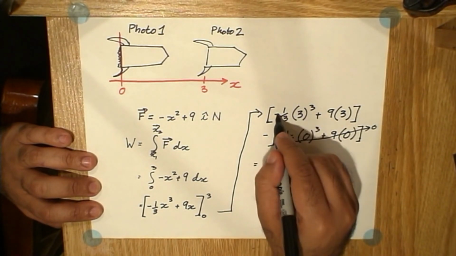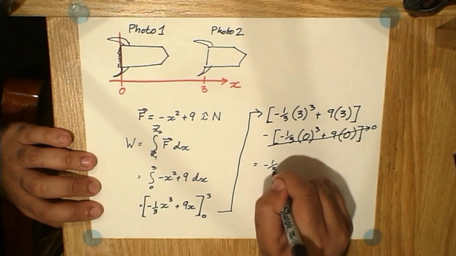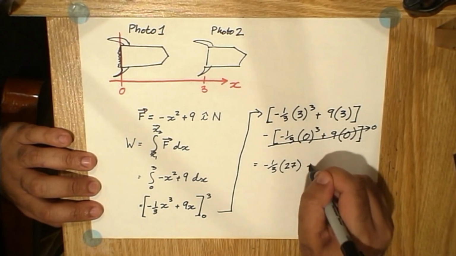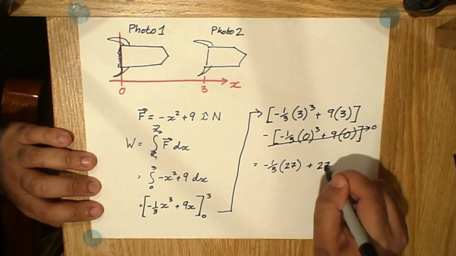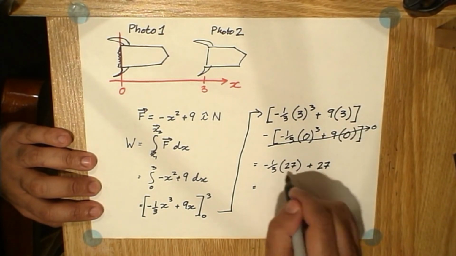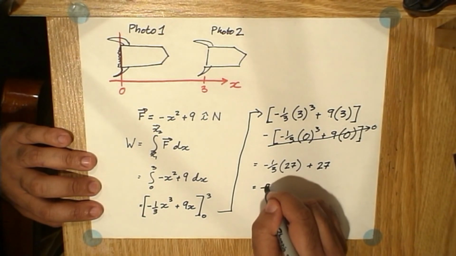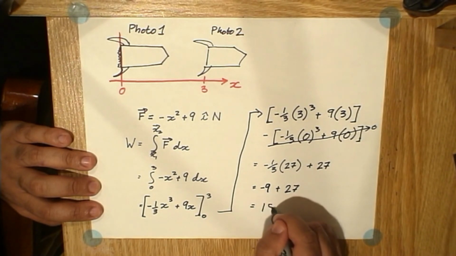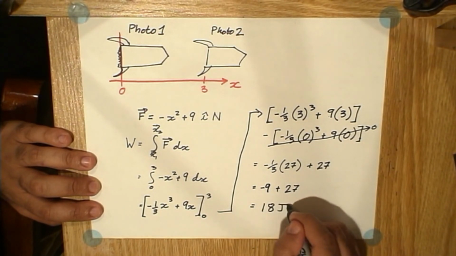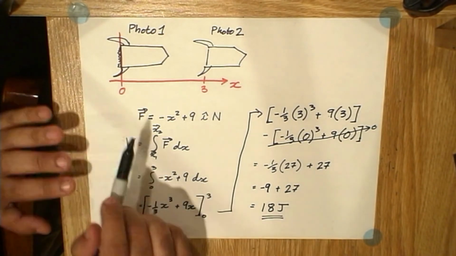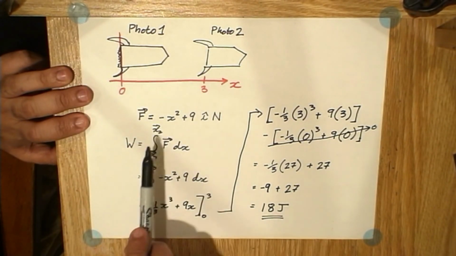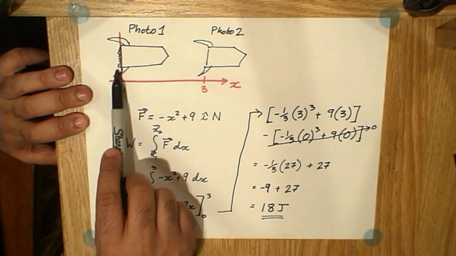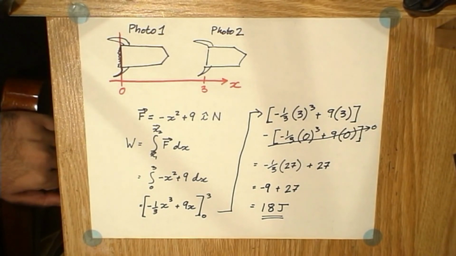So we're left with negative 1/3 times 3 cubed, which is negative 9, plus 9 times 3, which is 27, which works out to 18 joules of work. So the thrusters performed 18 joules of work as they acted on this probe and pushed it over this distance of 3 meters.